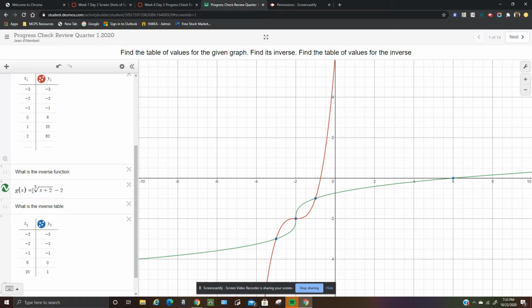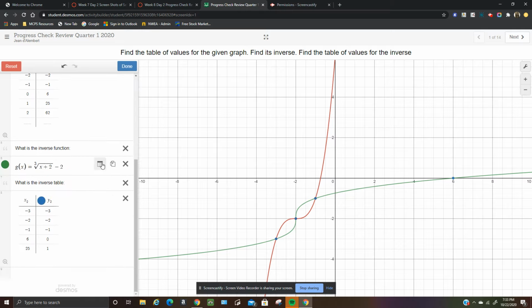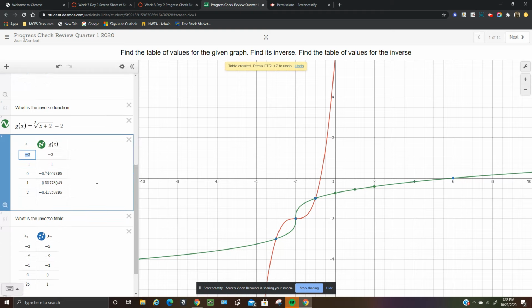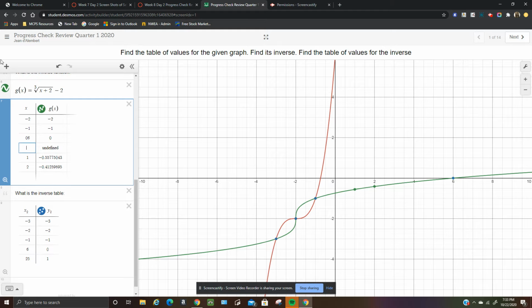So here, for this one, you can do the same thing. So scroll down, get the table, and so -2, 2, -1, 1. If I plug a 6 in for x, let me do that again. 6 should be 6, 0 anyway. 6, 0, 25.